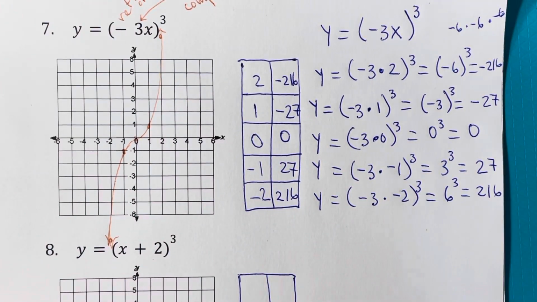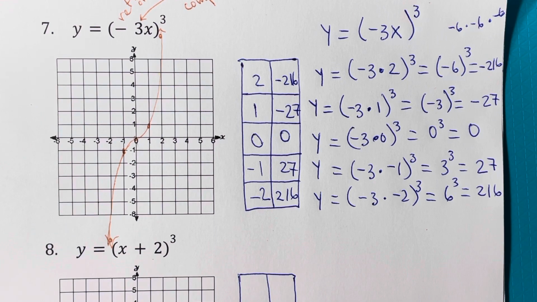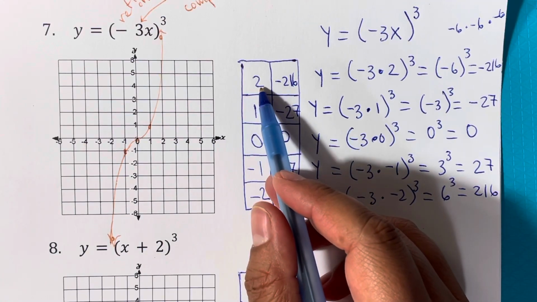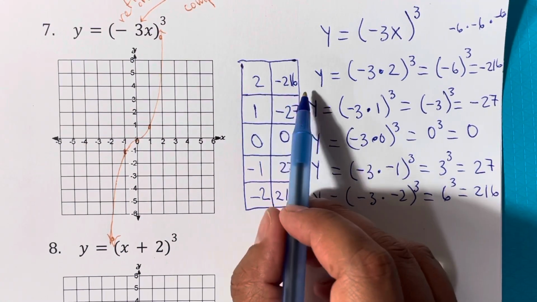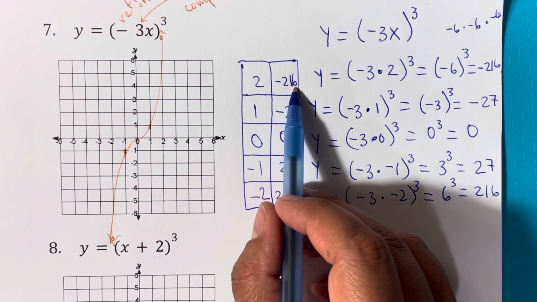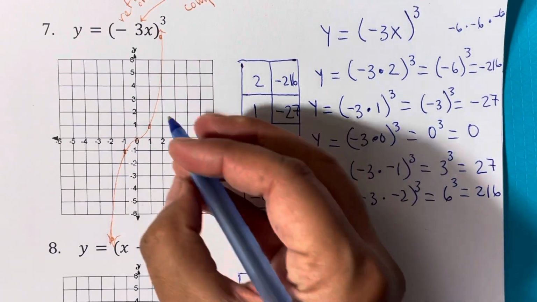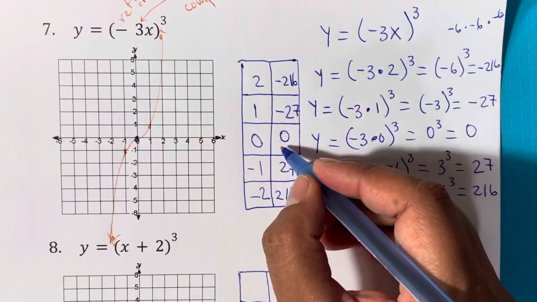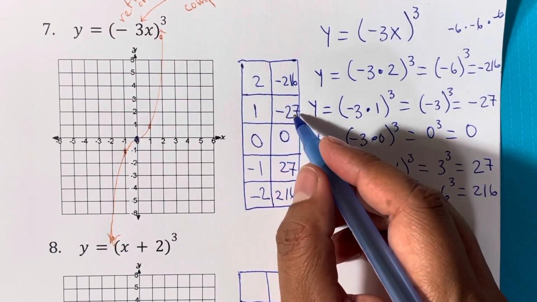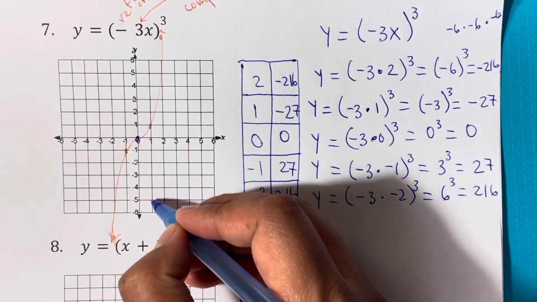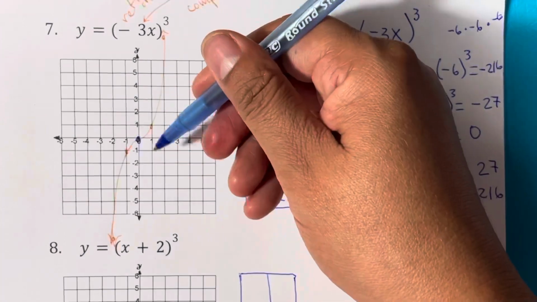And you will see that in here it will be super difficult to really graph, because for 2, the Y value is -216. 27 is not in here, and so we only have 0, but we know that it's going to be 1, -27. So 1, -27 is going to be somewhere down there.